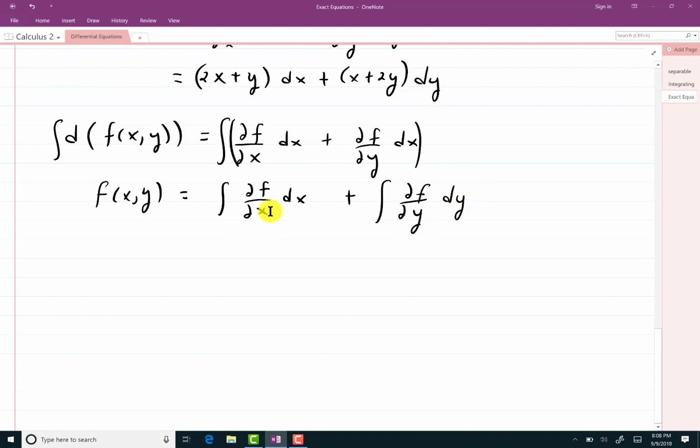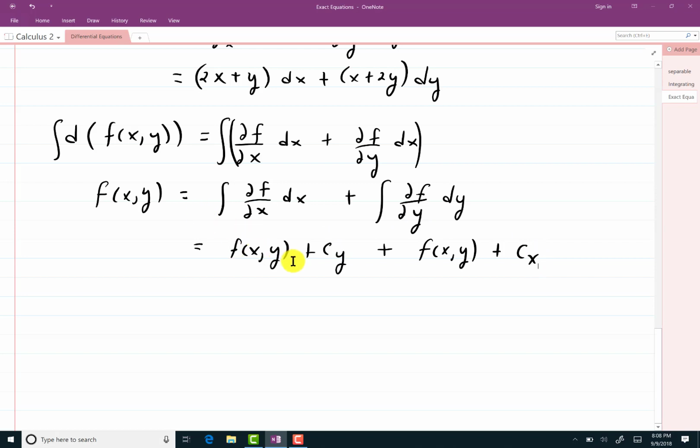And what happens, this was the derivative with respect to x. If you integrate the derivative with respect to x, you'll end up with the original function again. But don't forget, you'll get some constant that may have y values in it. And over here too, you're going to get f of xy again, plus a constant with respect to x.